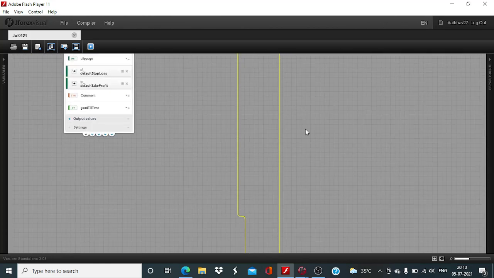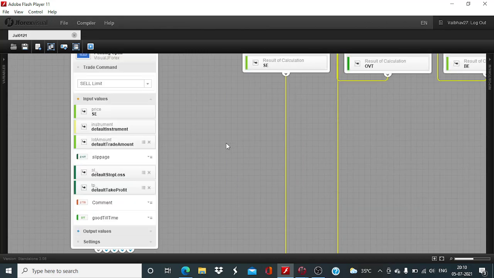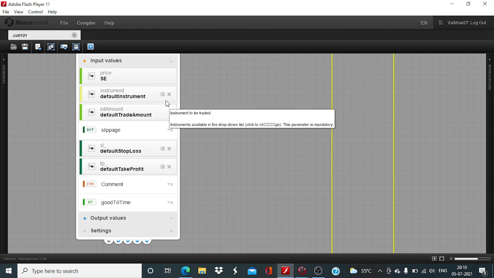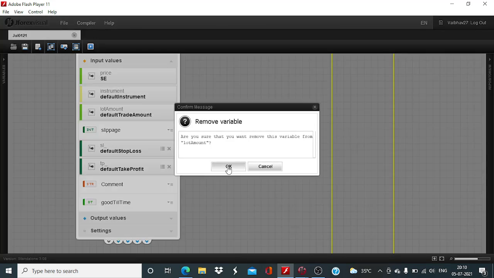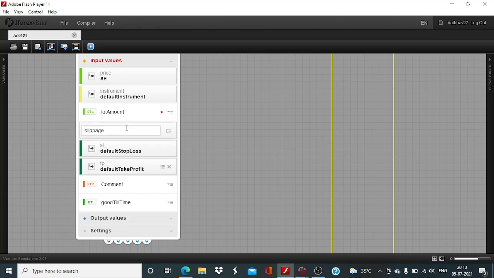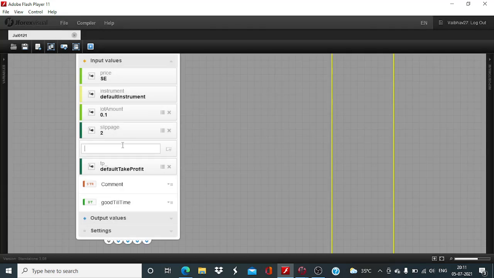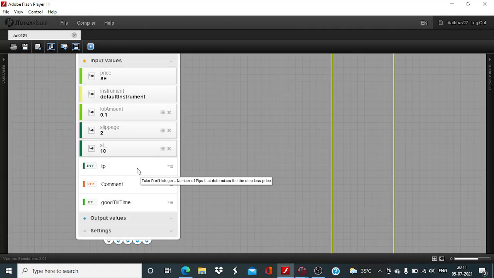Coming to defining of the input values, input parameters for this trade command block. Default instrument is going to remain as it is. Trade amount I will change to 0.1 million. Slippage is going to be 2 pips. Stop loss and take profit we will keep the same as was done for the buy side. So stop loss is going to be 10 pips and take profit is going to be 20 pips.